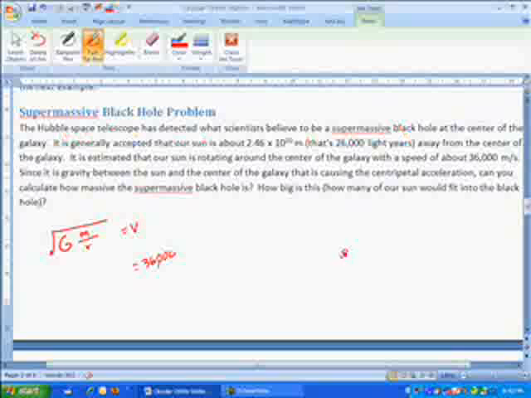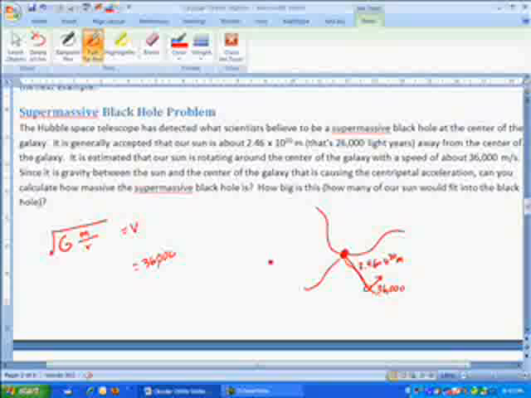So there's the black hole at the center of the galaxy. Here's the galaxy. We're out here on one of these arms, and we are moving around it with this velocity of 36,000 meters a second, and we estimate that we're about 2.46 times 10 to the 20th meters away from the center. And so we're going to find out how massive that is because of our rotation around it.